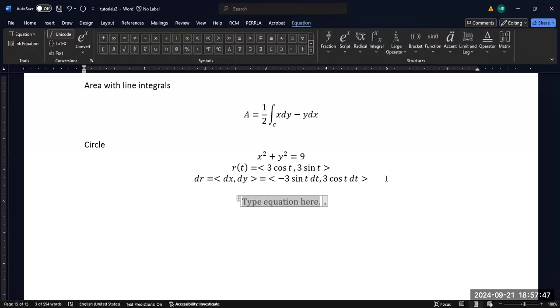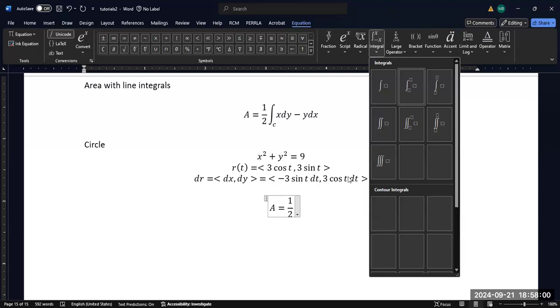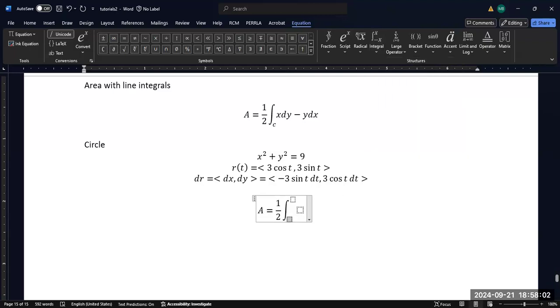And so if we think about the entire circle, right, then our limits of integration for the entire curve would be from 0 to 2 pi.